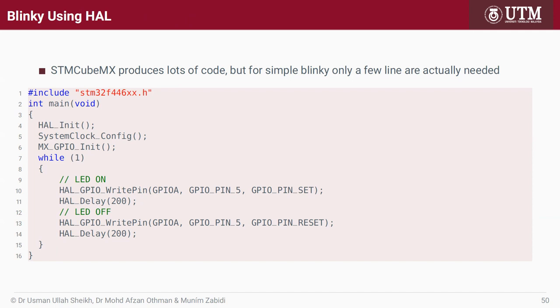So this is what happens if you take the STM Cube software and you delete out all the comments. You have only 3 configuration lines, and then to write you use HAL GPIO write pin, and you have HAL delay, and then to reset you also use the same function.